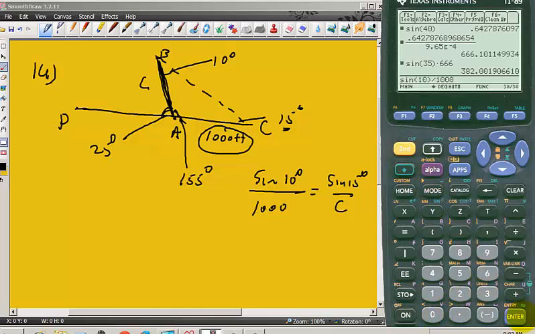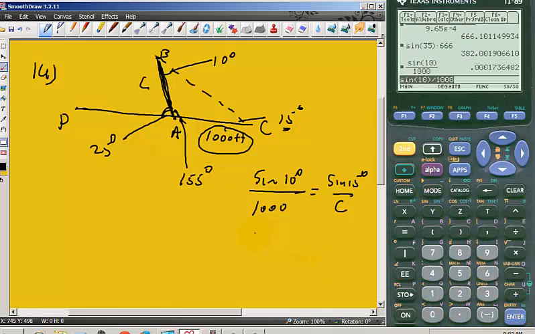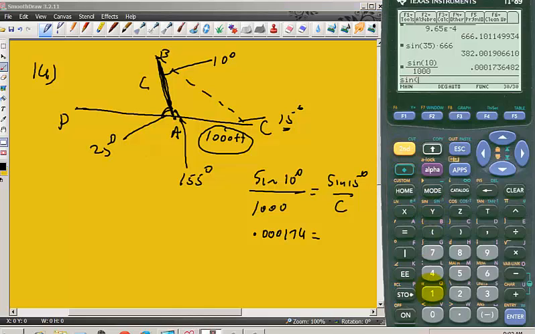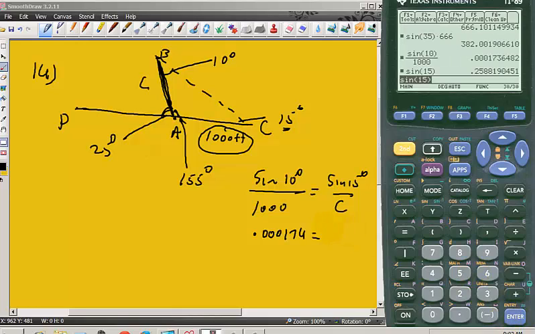Hit enter, and this turns out to be 0.000174 is equal to sine of 15. Let's go find sine of 15.